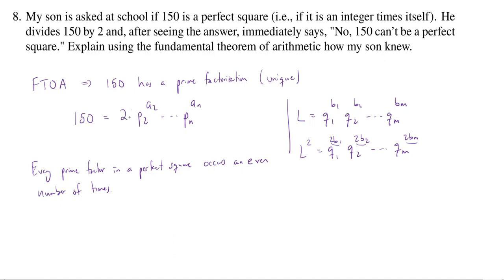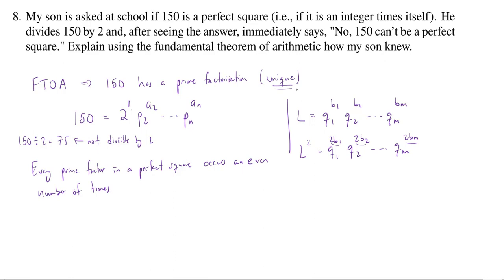And what happened after he divided by 2? He ended up with 75. We know that 150 divided by 2 is equal to 75, which is not divisible by 2. So this 2 can only occur one time as a factor of 150, in any prime factorization, because prime factorizations are unique.